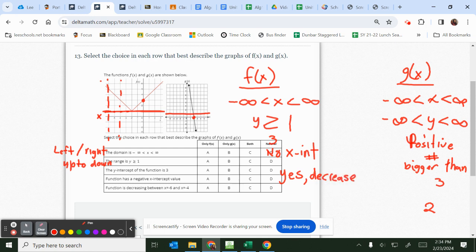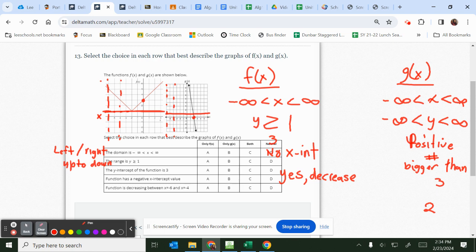Now let's look at g of x. From negative 6, which would be approximately here, to negative 4, I need to see what's happening, but I can't really see it.